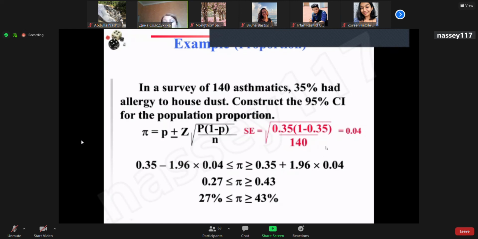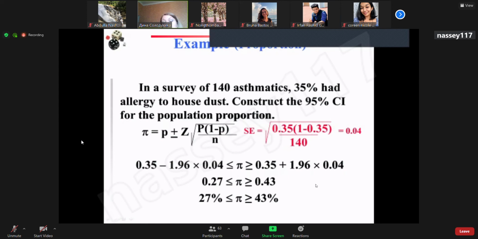And now we can use this standard error for calculation of confidence interval. Confidence interval is calculated as proportion 0.35 minus z, which is 1.96 times standard error, and 0.35 plus 1.96 times 0.04.